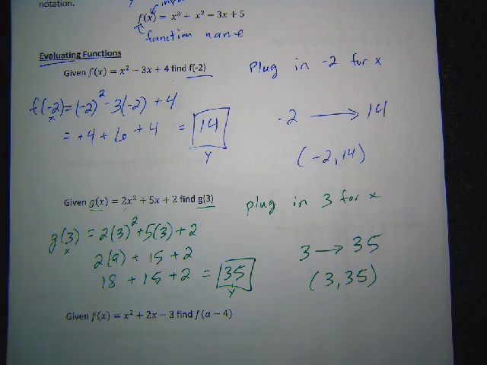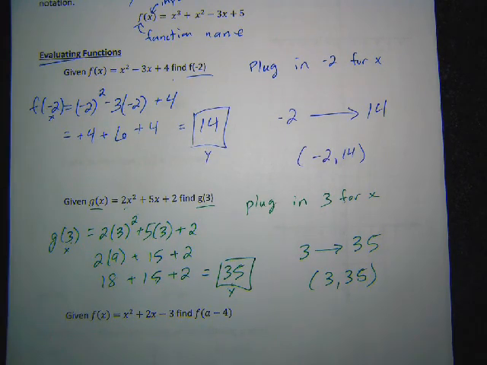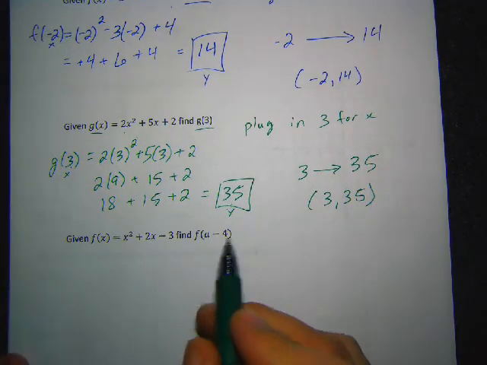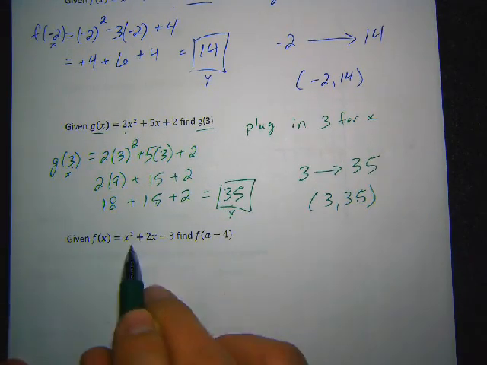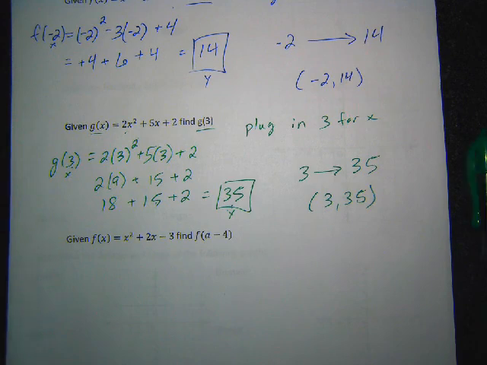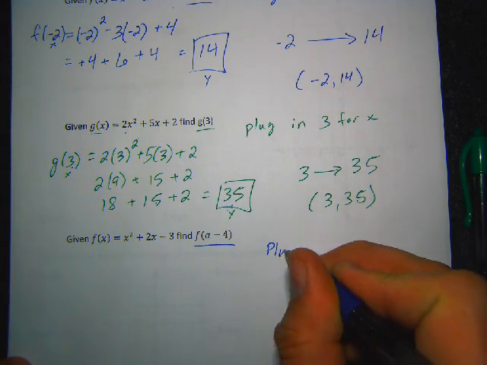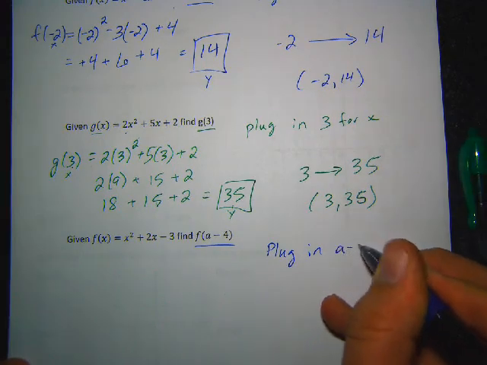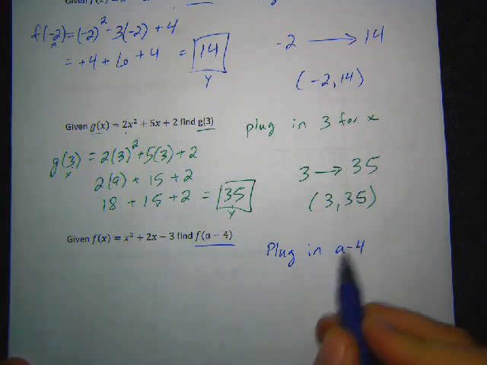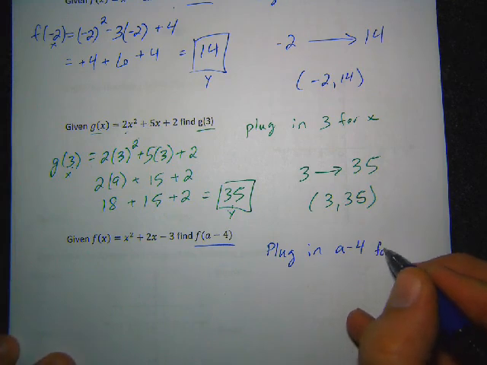Now, there is no rule that says the only thing you can plug into functions is numbers. You can plug expressions, things with letters and numbers, or just letters or just numbers, into a function. So this last one here, we're going to plug in a minus 4. So instead of just plugging in a number, we're going to plug in this whole thing, a minus 4, for every x.